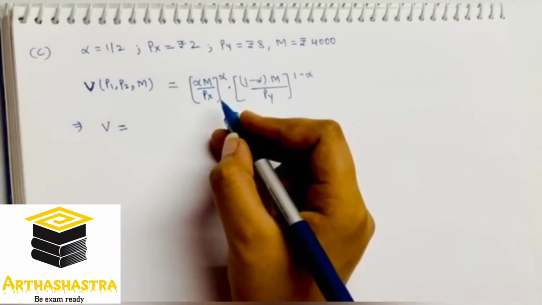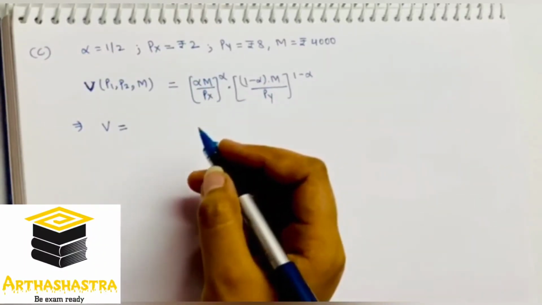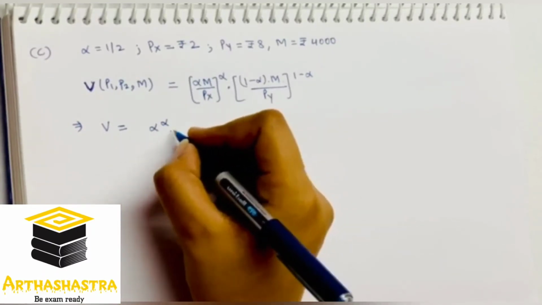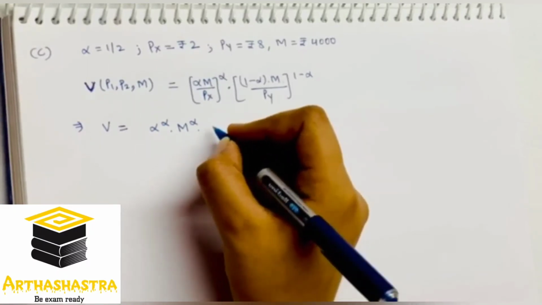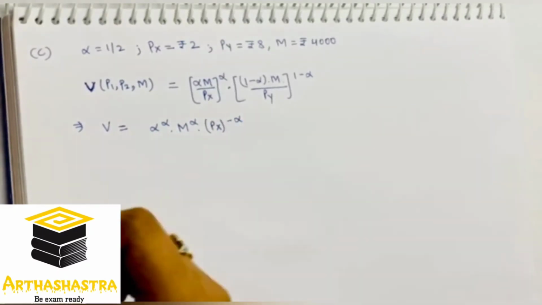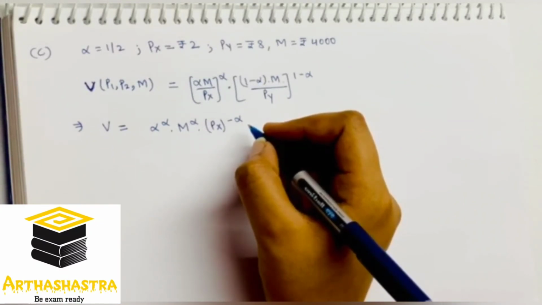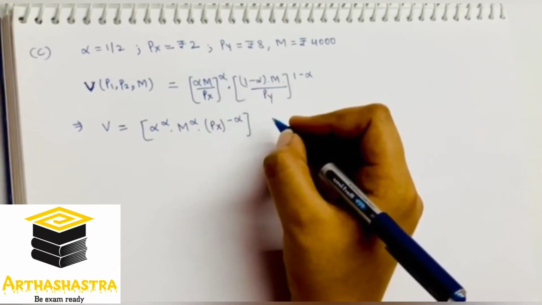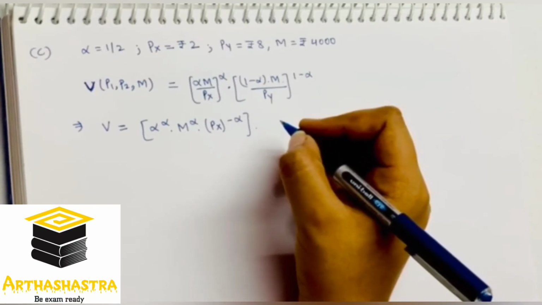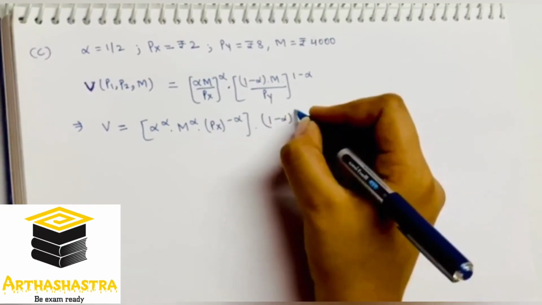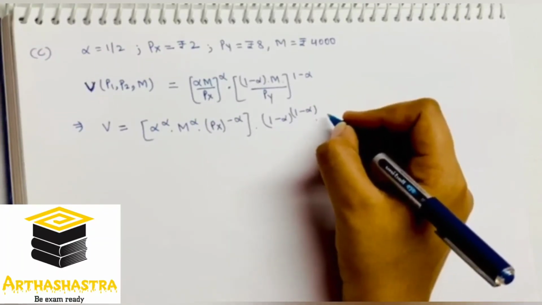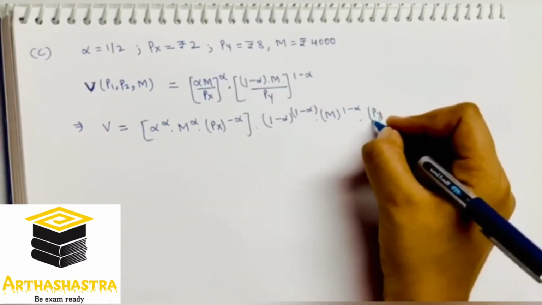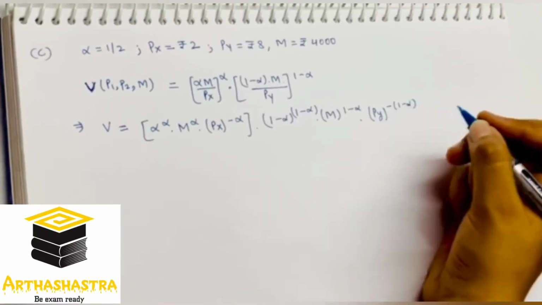Okay, I'm taking these powers out, so I can write it as alpha raised to the power alpha times m raised to the power alpha times px raised to the power minus alpha, this whole times (1 minus alpha) raised to the power 1 minus alpha times m raised to the power 1 minus alpha times py raised to the power minus of 1 minus alpha.